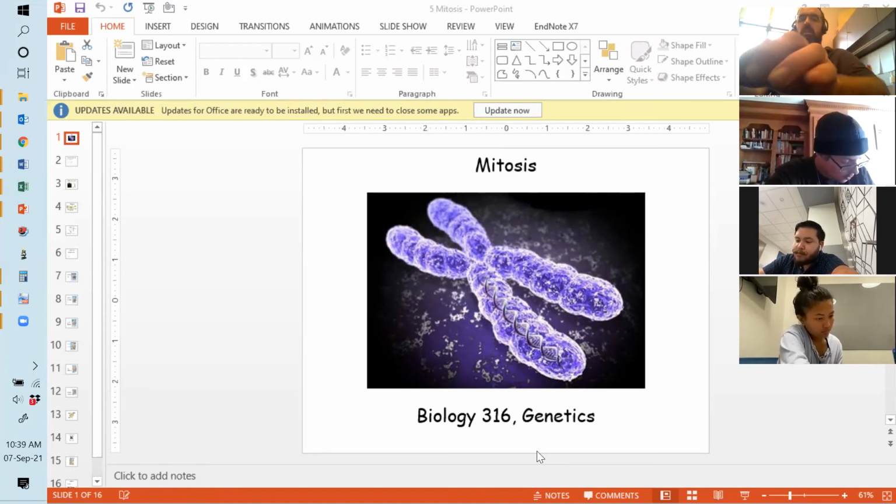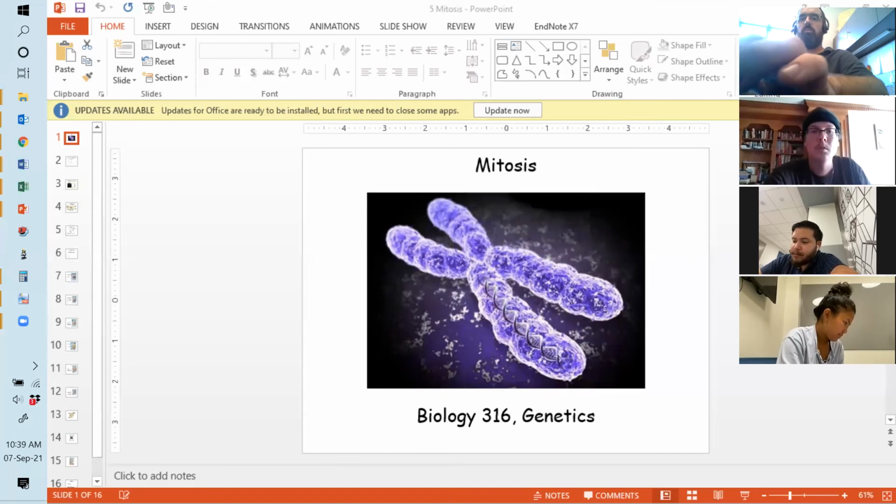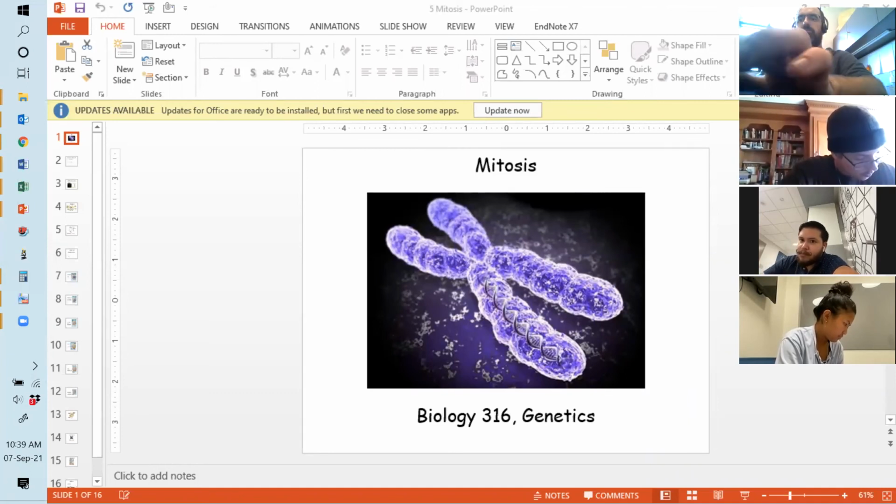A couple of last ones. Kinetochore is a protein structure that assembles on the centromere. And that's where spindle fibers attach.